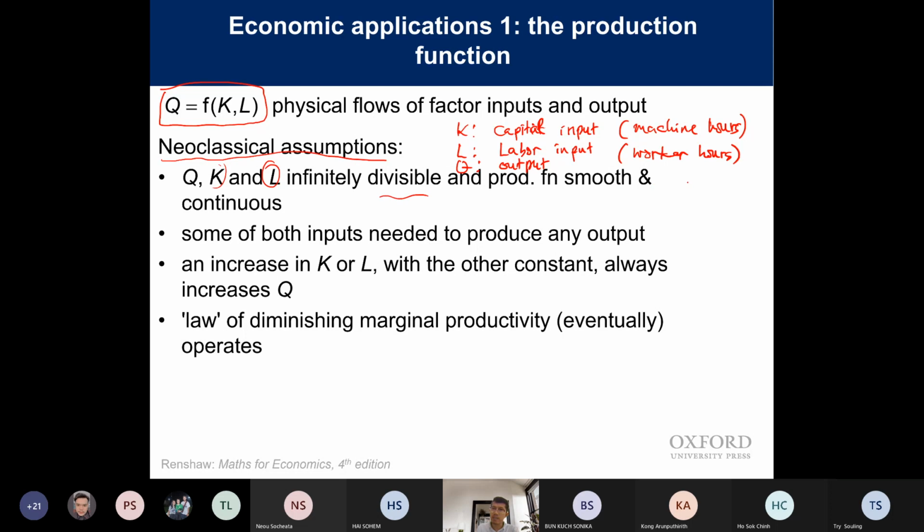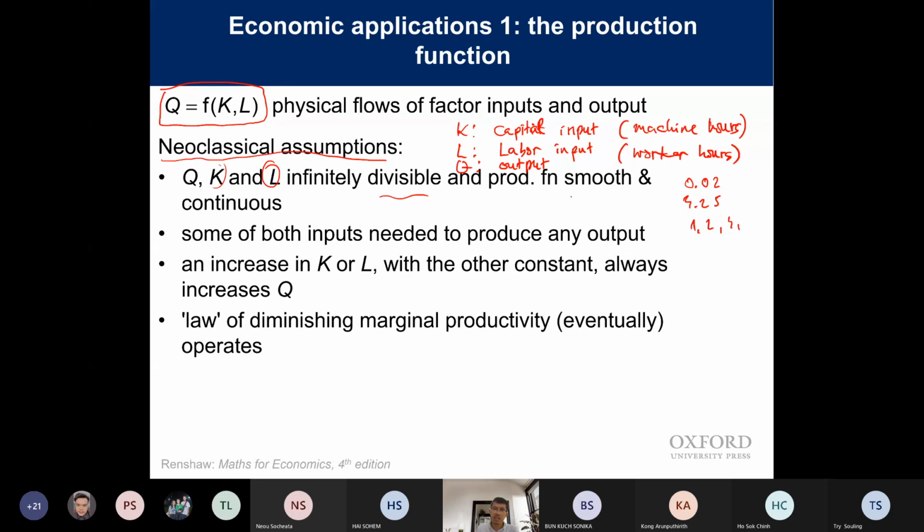It can be any number, not only integers, I mean 1, 2, 3. Here Q, K, and L can be any value, even a decimal number like 3.25. This means those quantities are infinitely divisible.